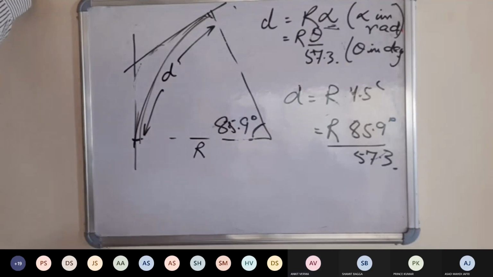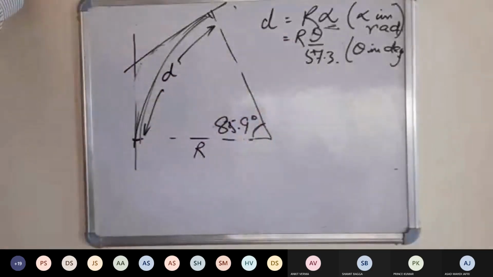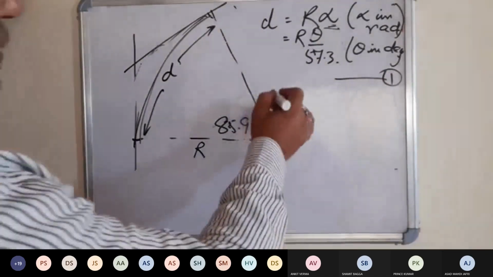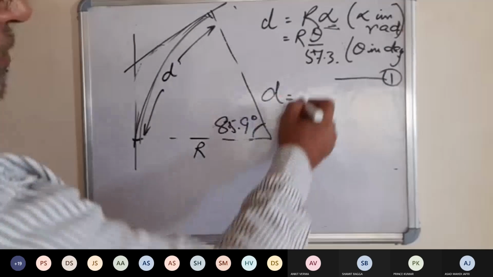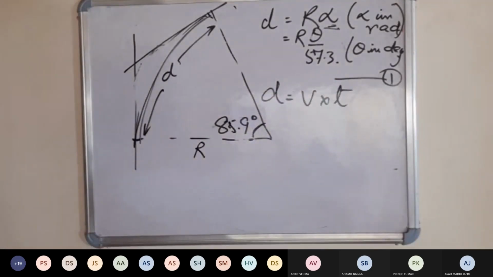Yes, sir. So now it is okay. Okay, good. So let us take this to be equation number 1. We also know d is equal to speed into time. Distance traveled is speed into time. Is that correct? Yes, sir.